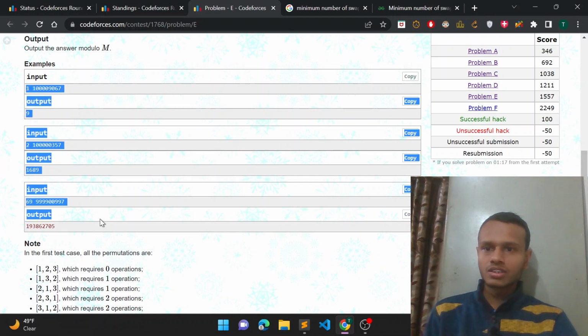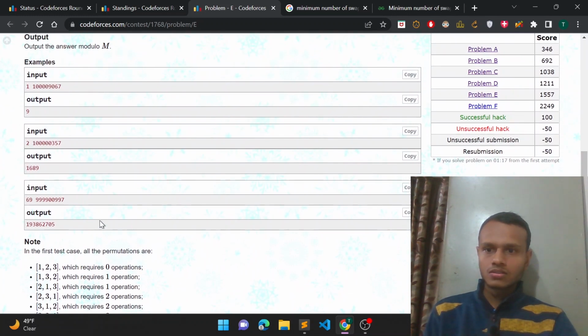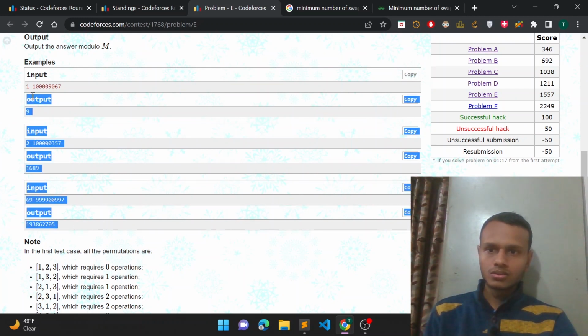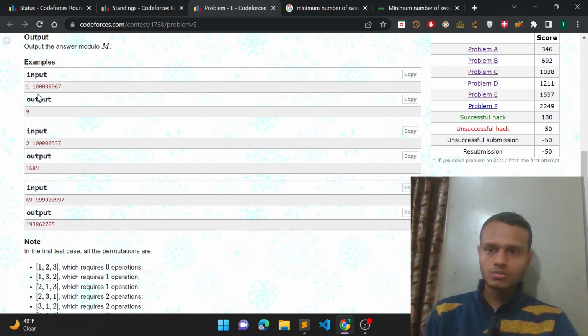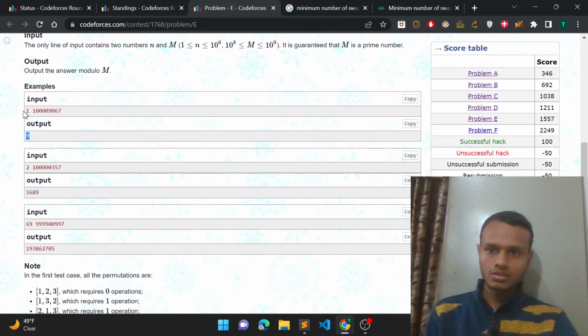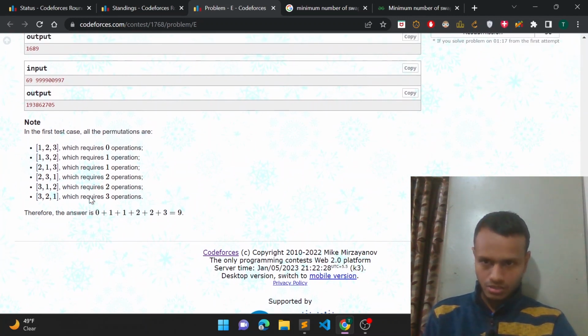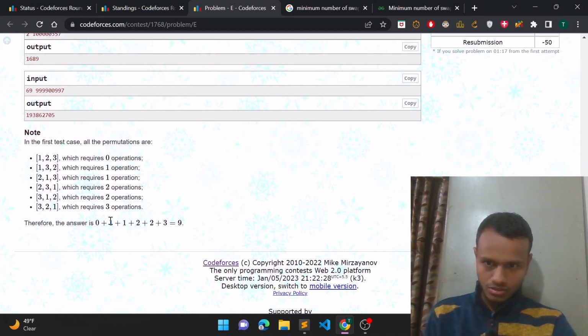Unless it is some kind of a pattern recognition thing, I don't think that somebody can solve this problem. For 1 the answer is 9. Wait, what? Oh, 1 into 3. Okay. 0 times 1, 2 times 1.